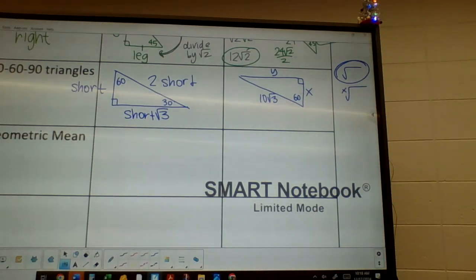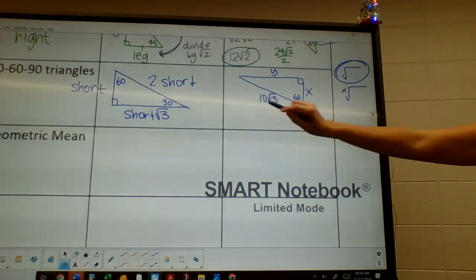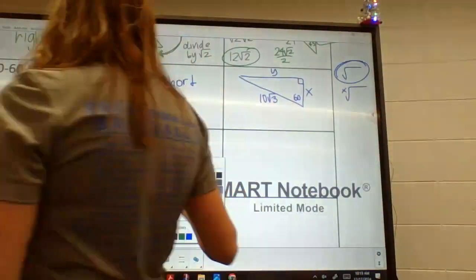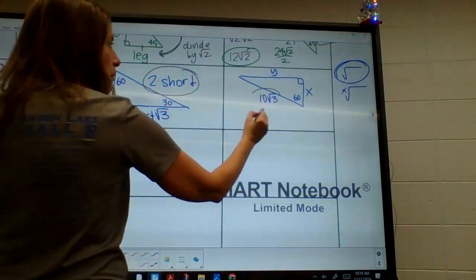And I'm giving you guys one of the sides is 10 square roots of 3. Now, which side did they give us? Oh, it's the hypotenuse. The short sides are x, right? So they gave us the hypotenuse. So we're starting here. That's where we're at.